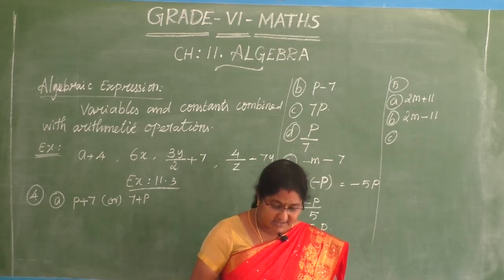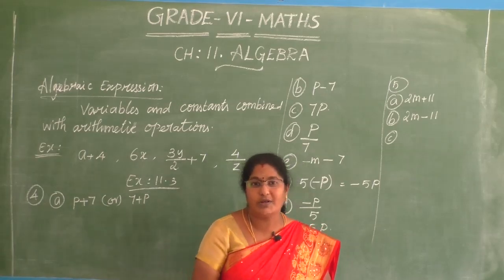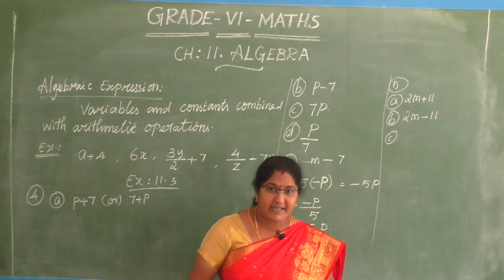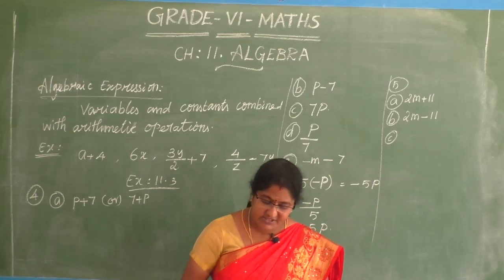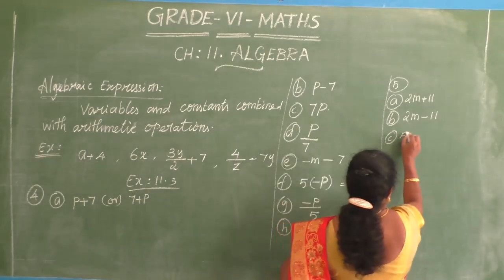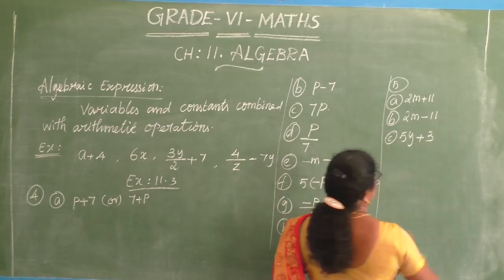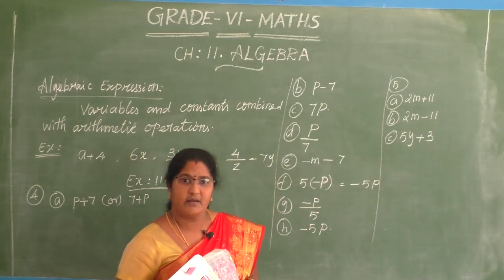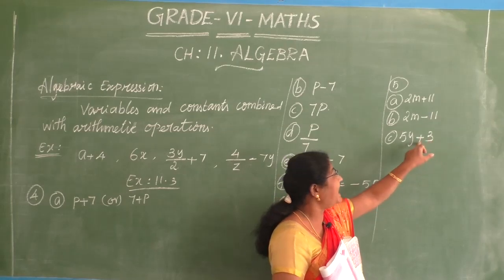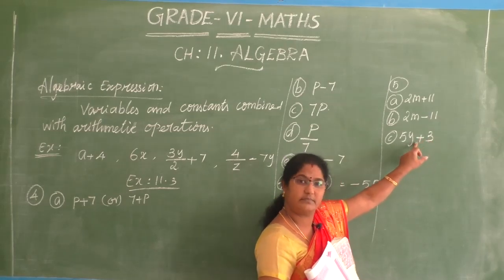Which 3 is added, we have to add 3 with it. Okay, so what is the answer? 5 times y means 5y, which 3 is added, plus 3. Okay, 5y plus 3. Do you understand? 5 times y, which 3 is added, 3 is added, plus 3.